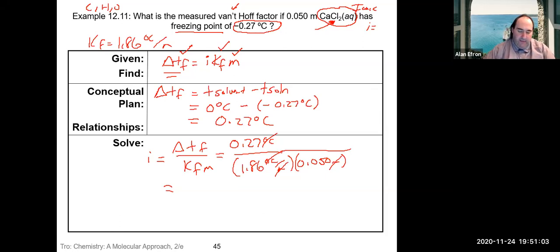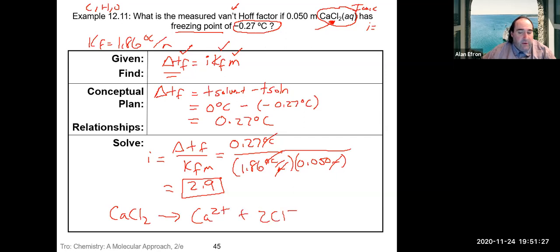And it looks like we end up with 2.9 as the experimental value for i for calcium chloride, which is pretty close to what we would expect if we look at our formula as we saw earlier. It's going to break into a calcium and 2 chloride ions for a grand total of what we would expect to be 3, which is pretty close in this case.